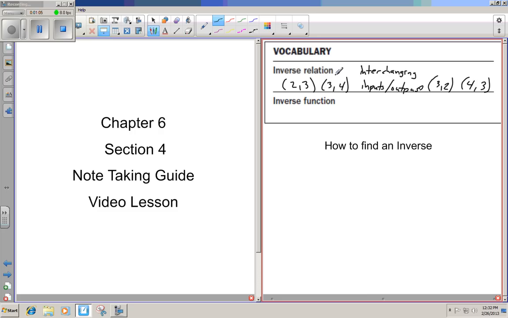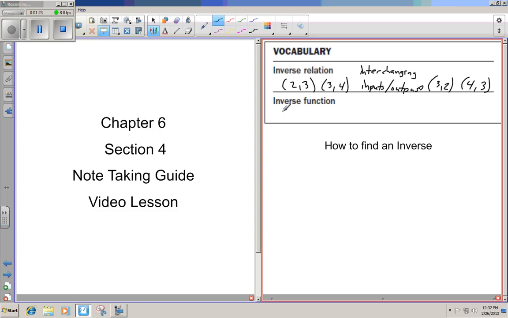Inverse functions: the original relation and its inverse are functions whenever both relations are functions. Basically, what this is talking about is the fact that you can have one function and you can do the inverse of it.